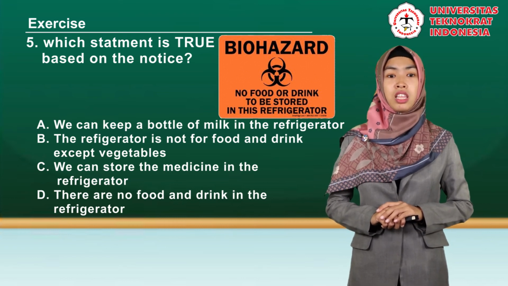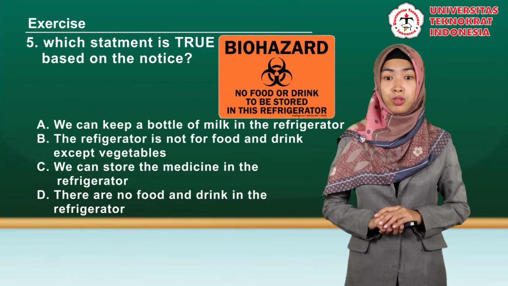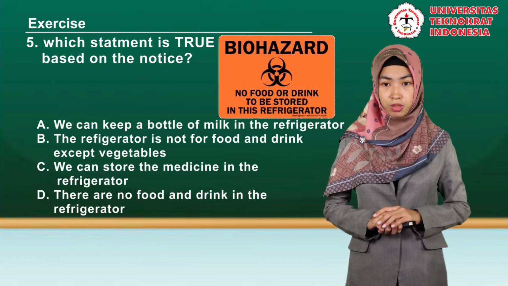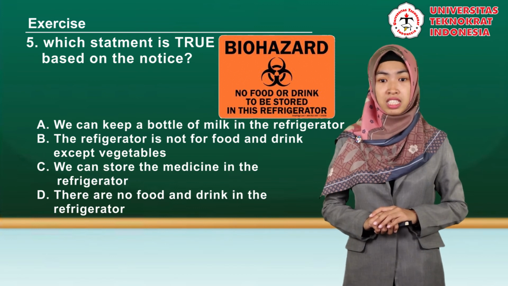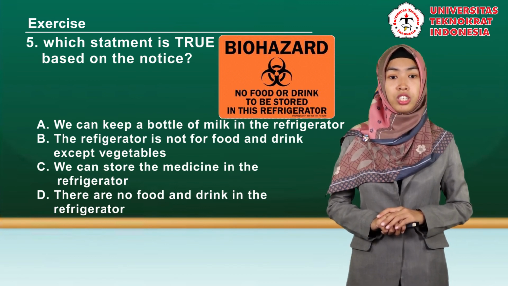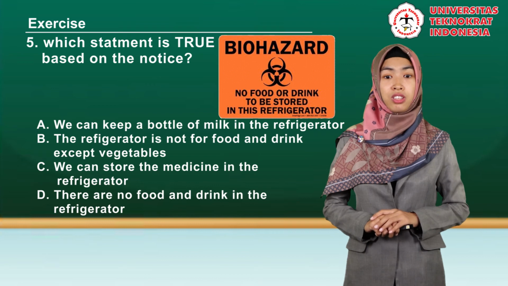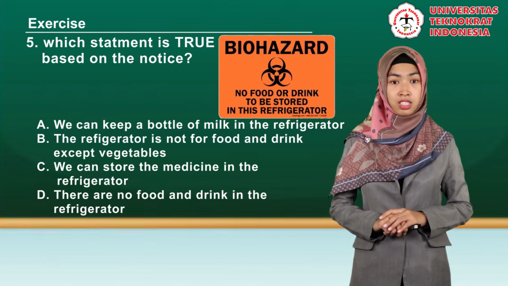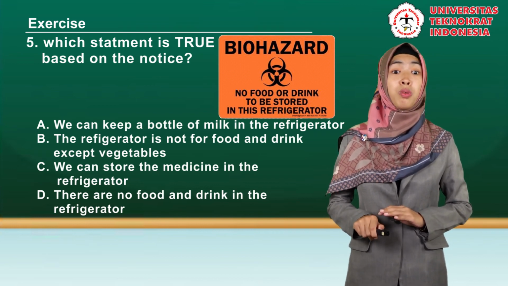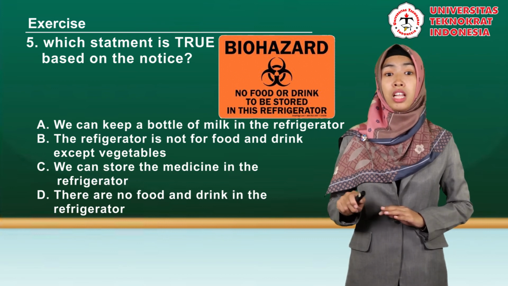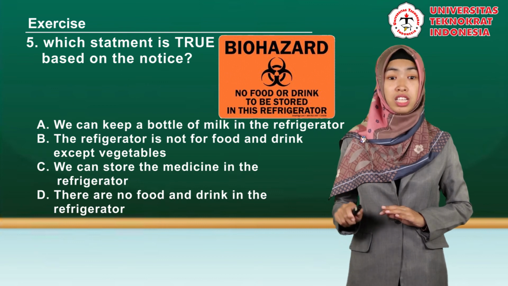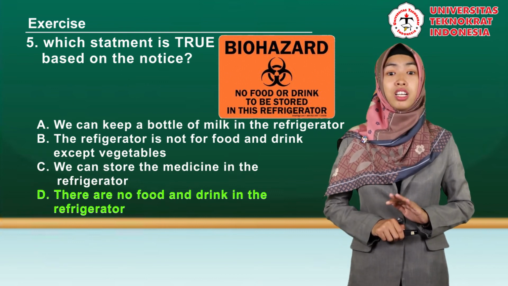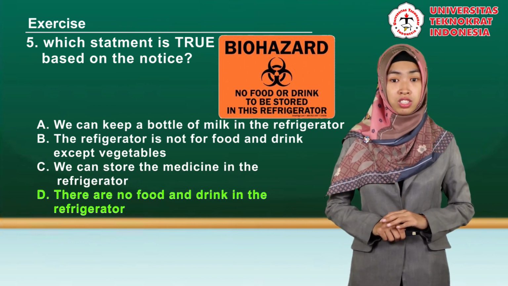B, the refrigerator is not for food and drink except vegetables. C, we can store the medicine in the refrigerator. Or D, there are no food and drink in the refrigerator. So you can focus on the words no food and drink to be stored. So the answer is D. There are no food and drink in the refrigerator.